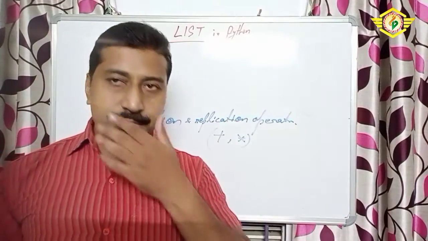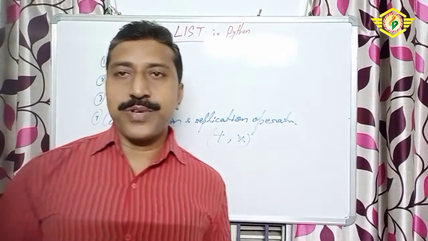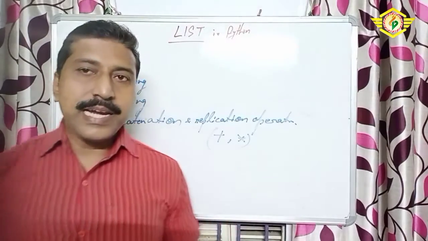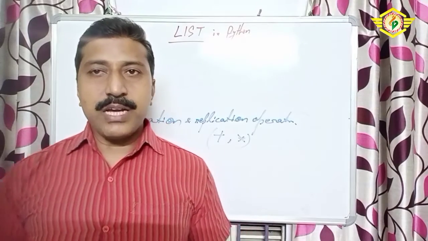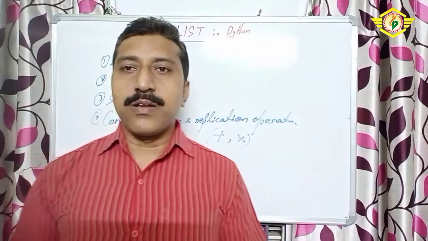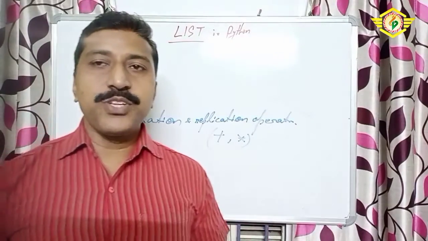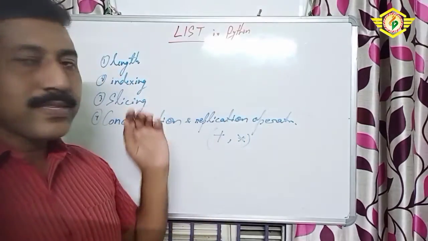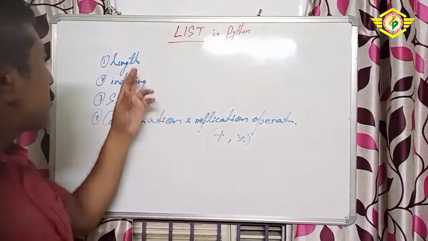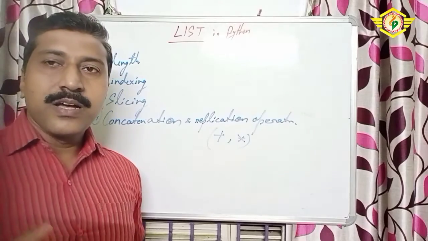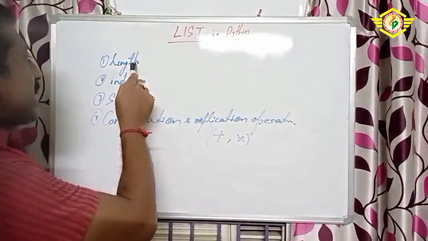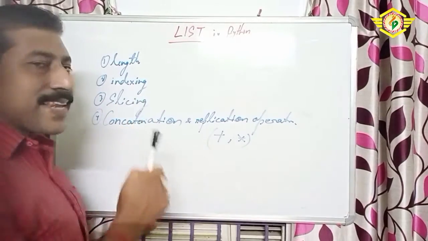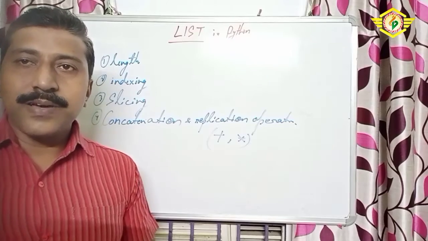It is also similar to strings, but the difference is that a string is immutable: in the index number we cannot change the data, but a list is mutable. This means some operations we do on strings we can also do on lists. First, we can find its length, we can use index numbers, and just like slicing a string, we can slice the list.